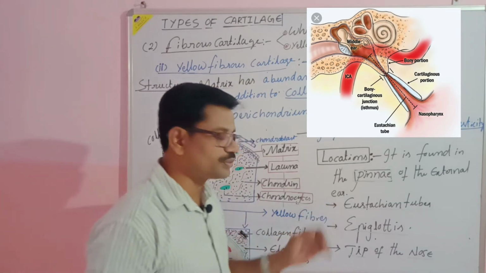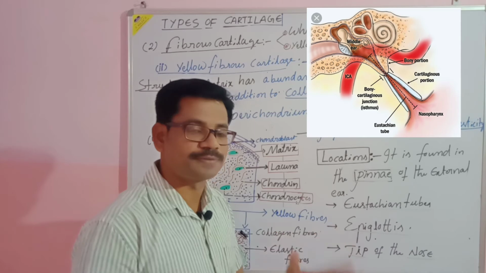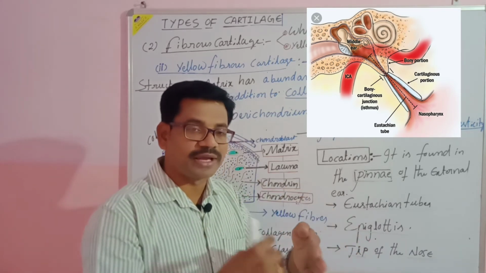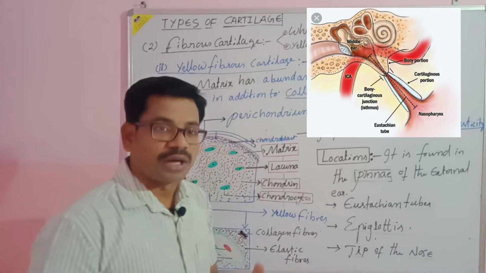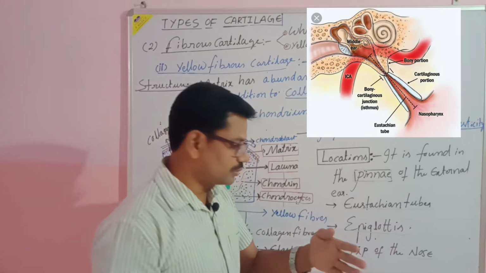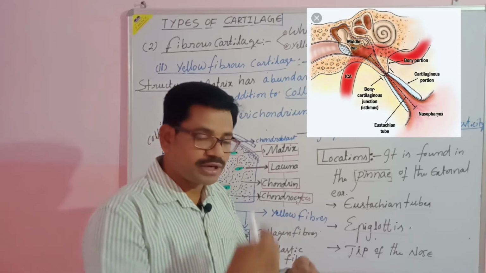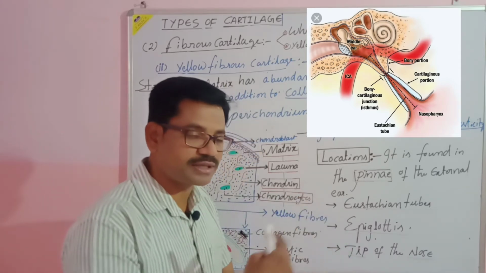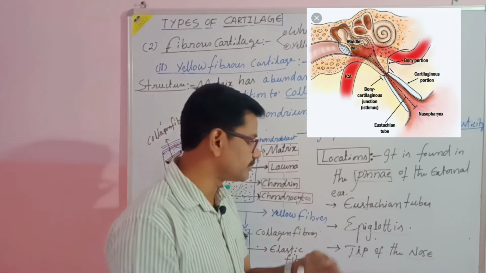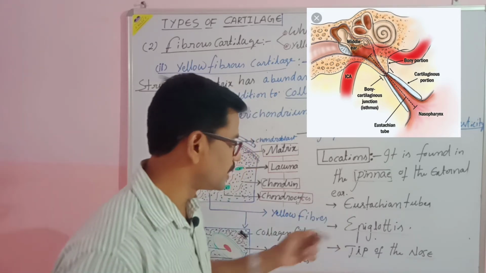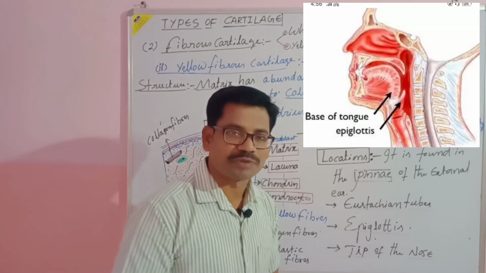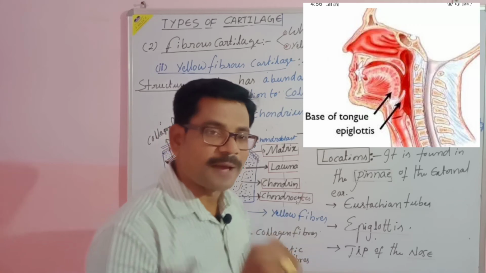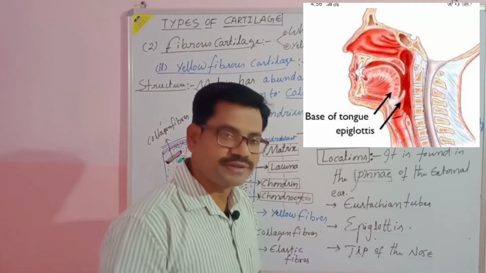What is the role of this eustachian tube? The eustachian tube helps to maintain equal pressure on either side of the eardrum or tympanum, right? And you know the epiglottis. The epiglottis is a small flap-like structure which is present on the glottis.